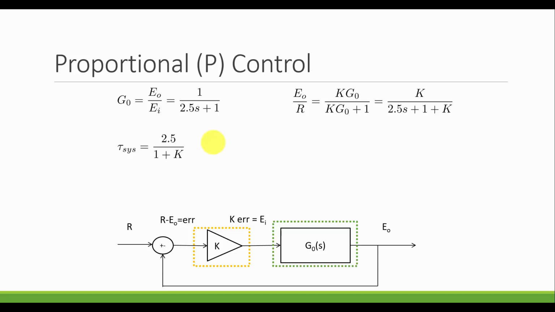As a side note, k must be positive in the systems we're looking at, so we can choose any positive value of k. If we look at what's happening, the bigger k is, the smaller tau is going to be, because k is in the denominator by this calculation here. So we can get our system to respond faster by choosing a large value of k, by putting a lot of high gain in our system.